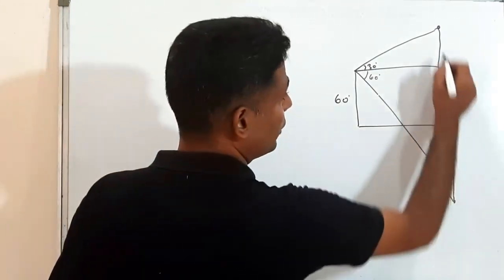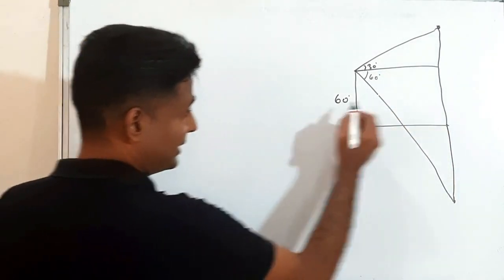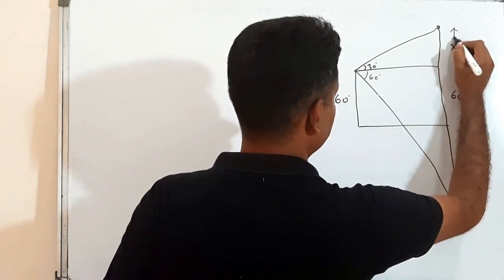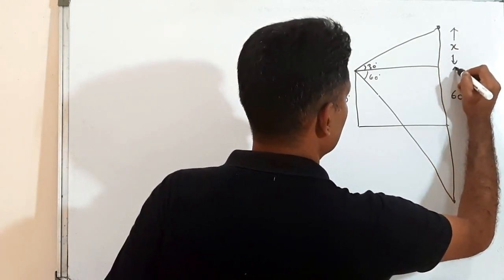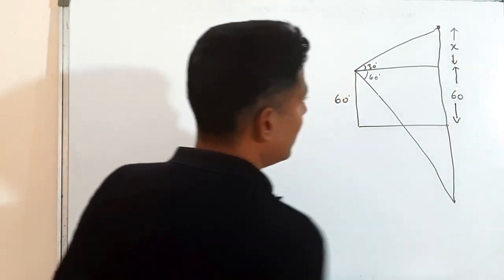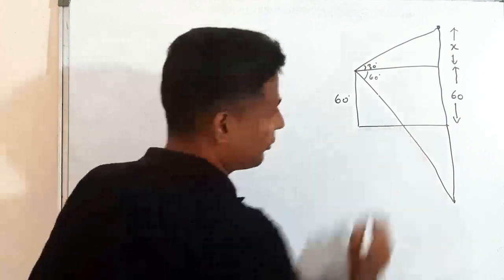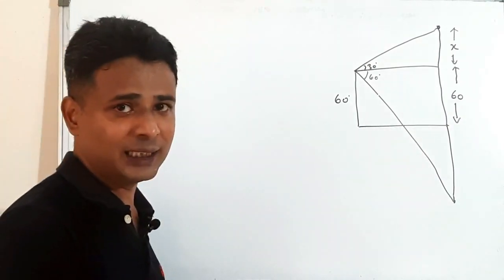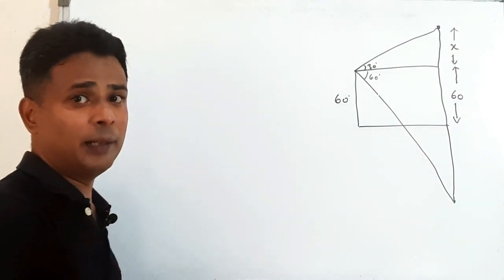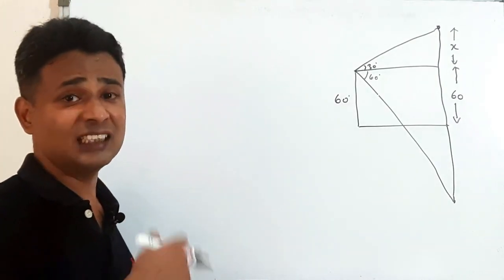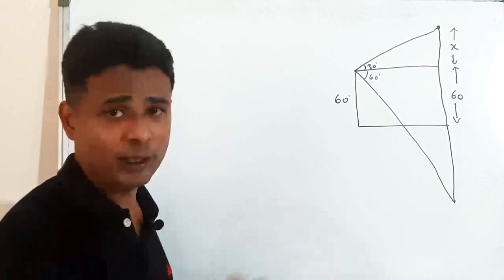So from here to here, how much is it? Now this is 60, this is also 60. Let's say this is x, right? This much is 60. Now guys, how much will this be? This is the important part. This is the lake surface. If you remember from physics, the image is as far behind the plane mirror as you are in front of it.